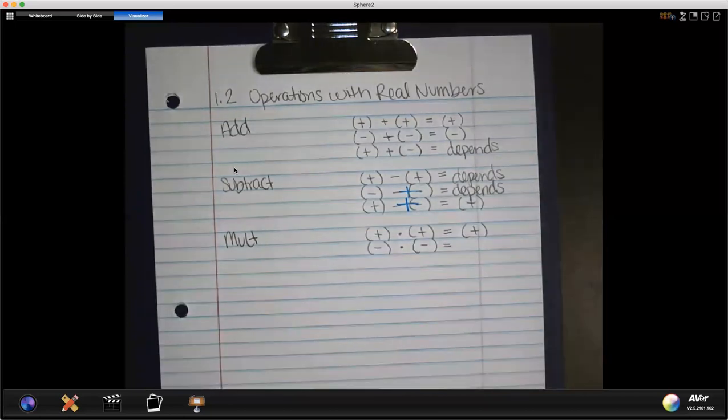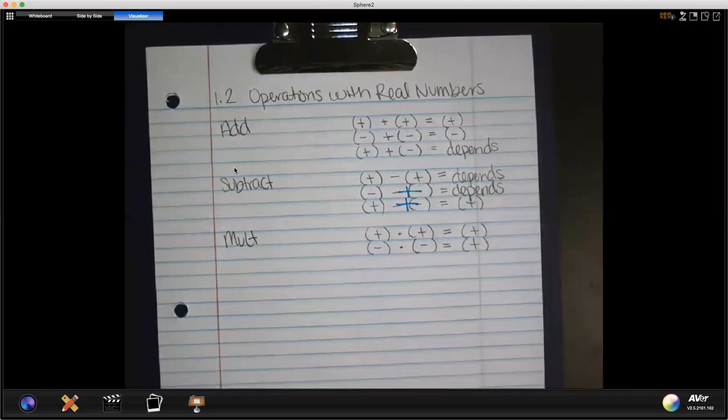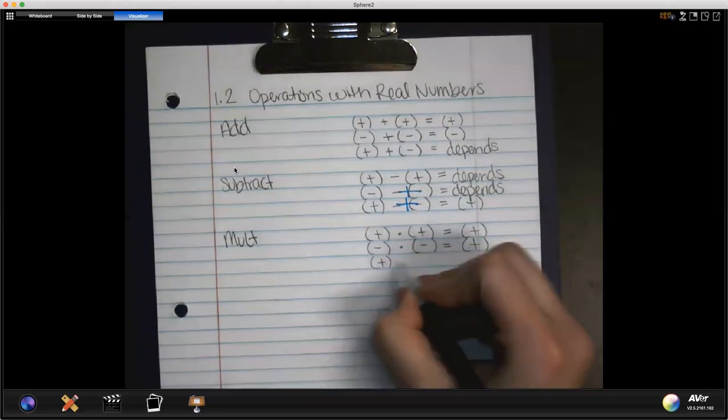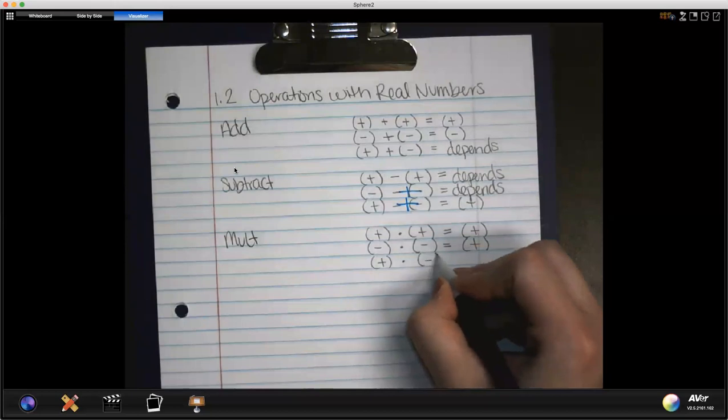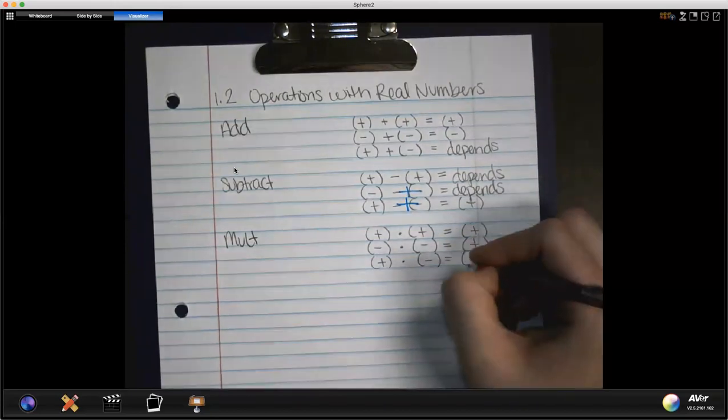A negative times a negative is a positive. That was the one you guys were gung-ho on earlier. And last but not least, what about a positive times a negative? A negative.